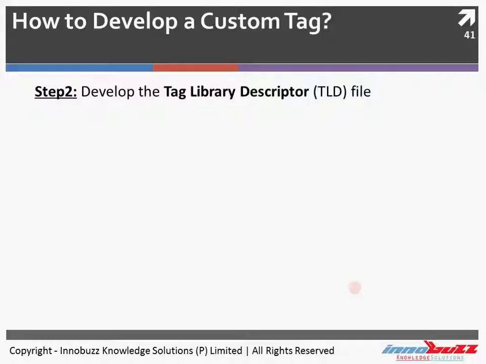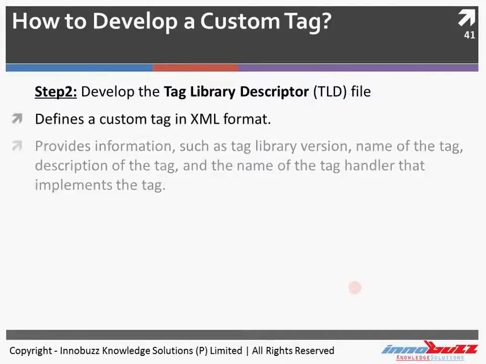Second step is develop the tag library descriptor. Here the tag library descriptor will describe the tag name, which you can give as you wish, which will be the user-defined tag name. It defines a custom tag in XML format and provides information such as the tag library version, name of the tag, description of the tag, and the name of the tag handler that implements the tag.